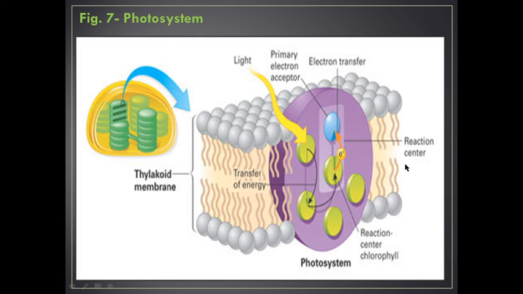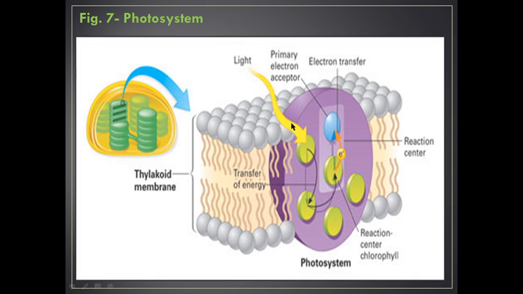This is the picture of a photosystem, how photosystems work. Now this is the structure of the thylakoid membrane. In the thylakoid membrane, a number of chlorophyll molecules are there. A reaction center contains the core complex and the antenna complex.